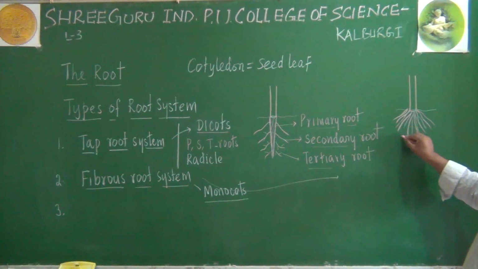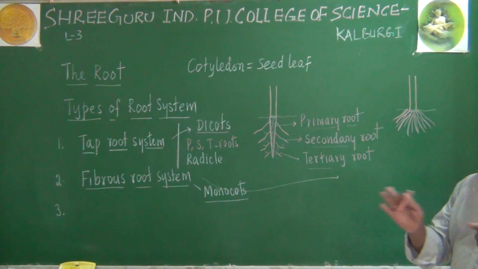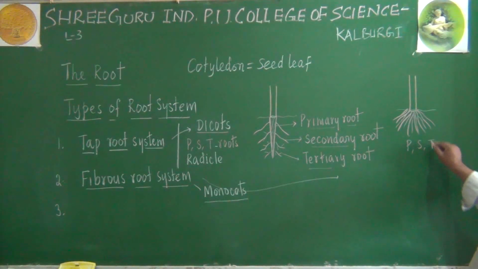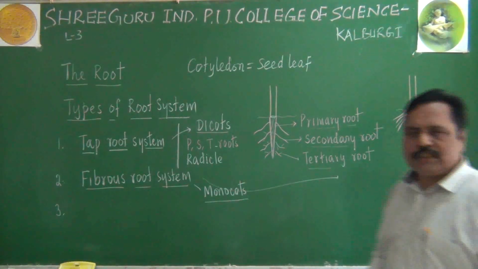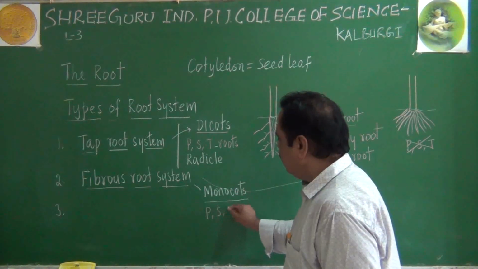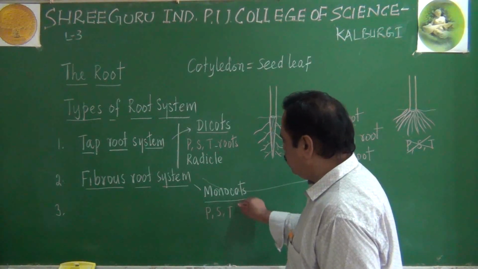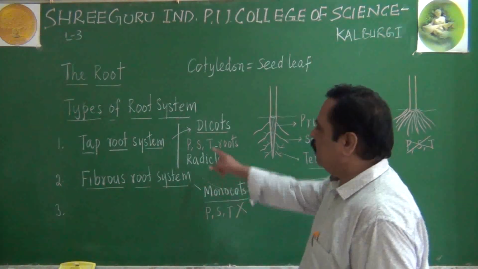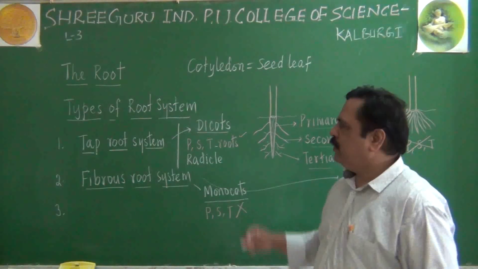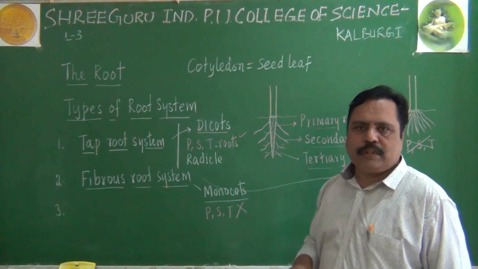Those bunches or groups of roots cannot be differentiated into primary, secondary and tertiary roots. So in the fibrous root system, there are no primary, secondary and tertiary roots. What is the main difference between taproot and fibrous root?